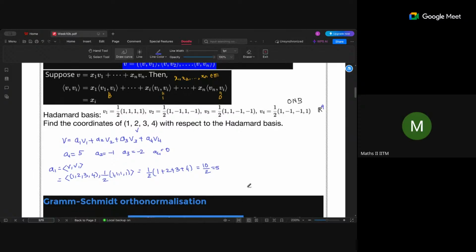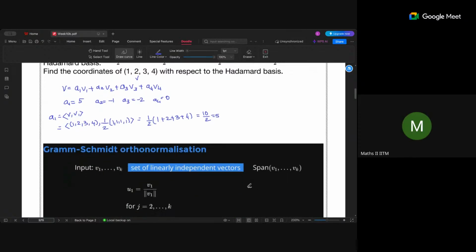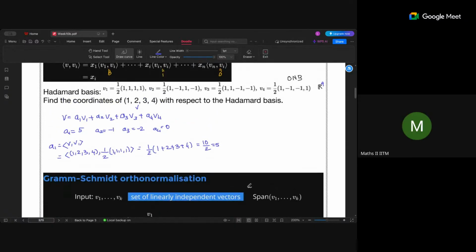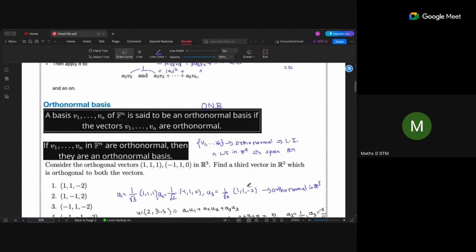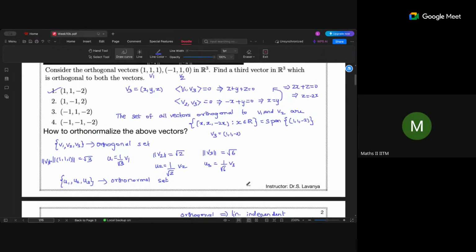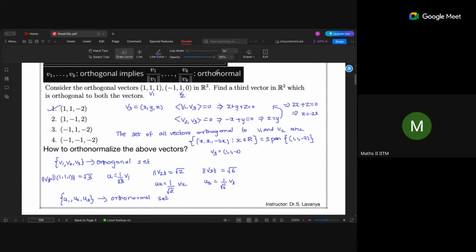So what is the next thing? We know that if you have an orthogonal set, you know how to convert it to an orthonormal set. You simply divide by its norm.